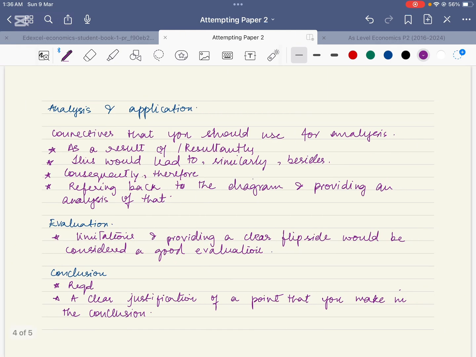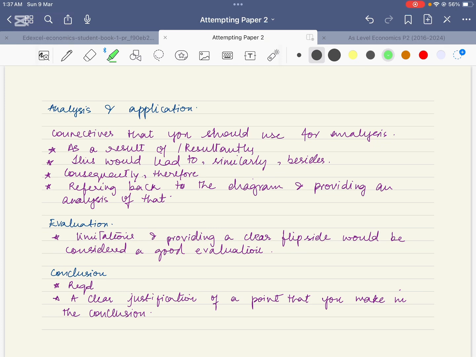Moving ahead, analysis and application. What does analysis mean? Analysis means that you are going to explain it connecting to the case. Which case? The case of the mixed economy, as the question asks, right? And you are going to provide an explanation which looks like analysis, as you are analyzing the situation.